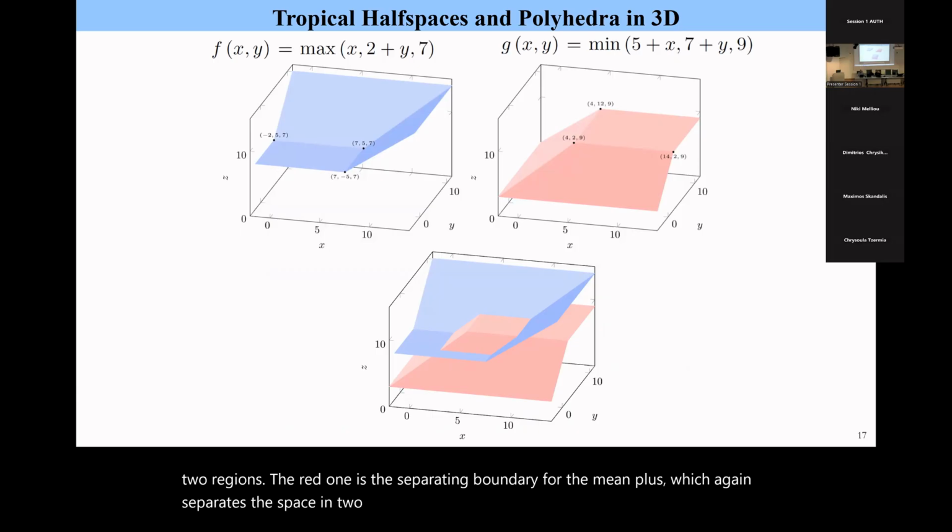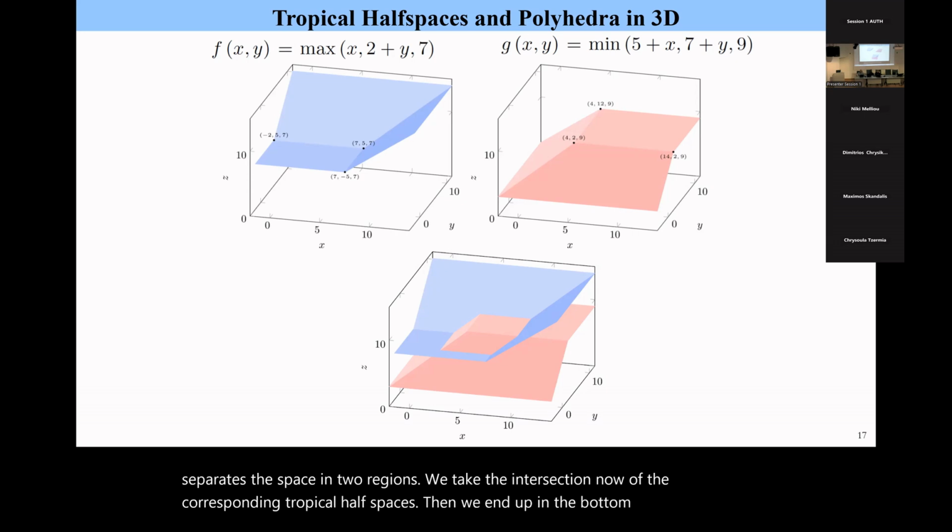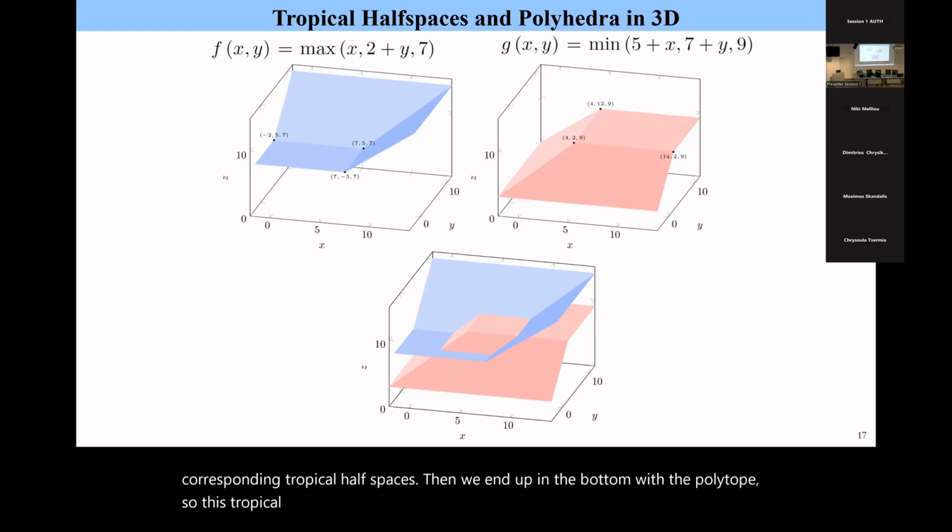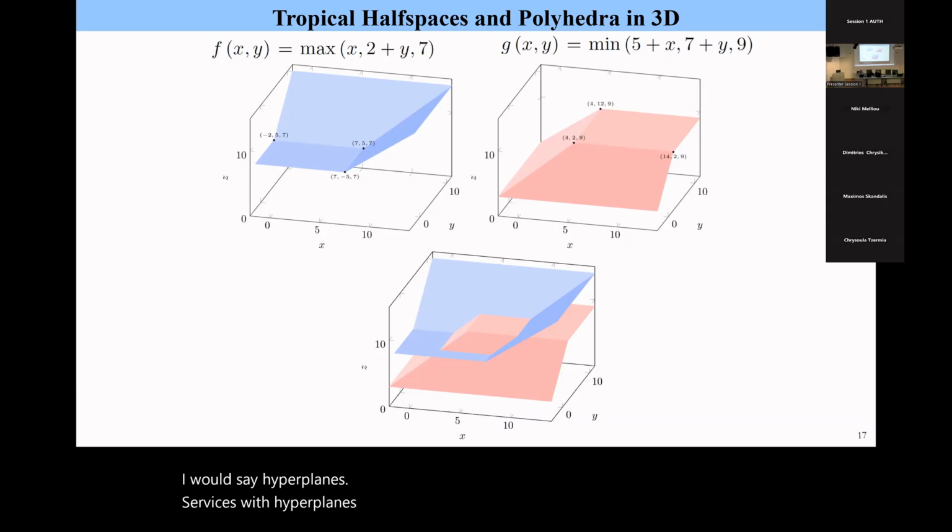If we take the intersection now of the corresponding tropical half spaces, then we end up at the bottom with a polytope. So these tropical polytopes consist of, I would say, surfaces with hyperplanes, bending, and so on.